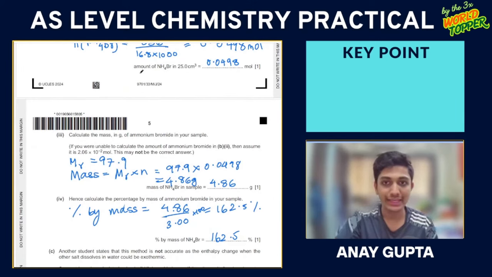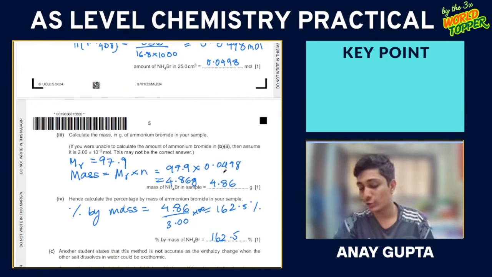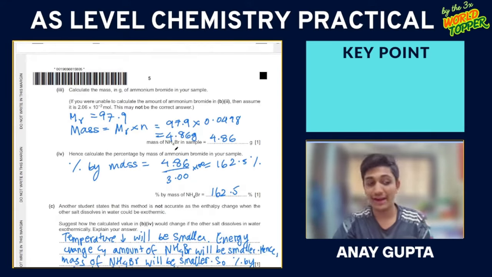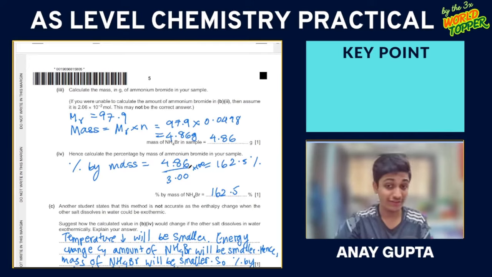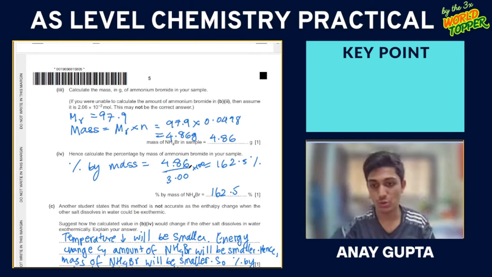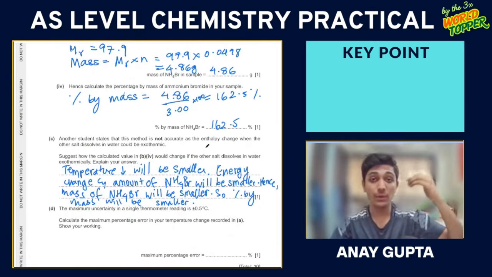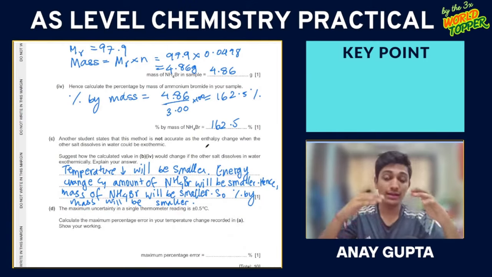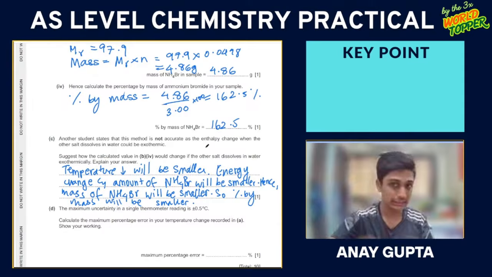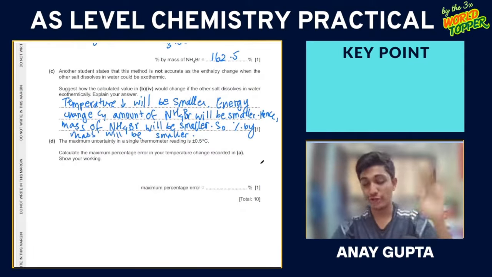Now again, this amount that I've calculated is in the numerator. So if this reduces, right? And again, the final time, the mass of NH4Br is in the numerator in the final equation. So if the mass of NH4Br reduces, the percentage by mass also reduces. If anything was in the denominator, then if one thing reduces, the other thing increases. So always be careful of your relationships like that.